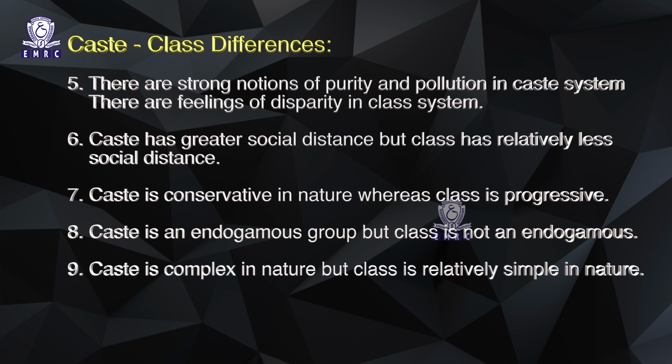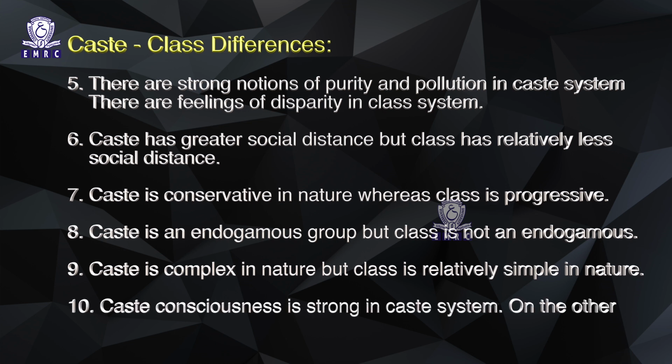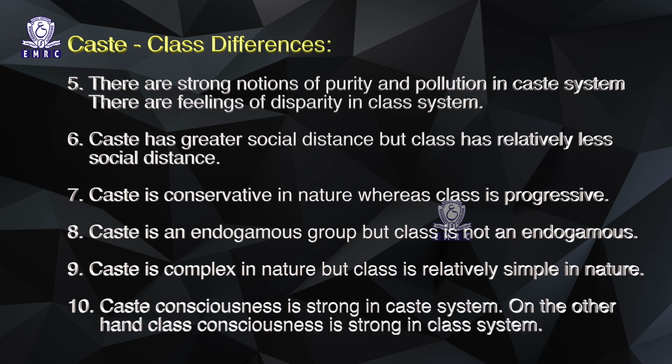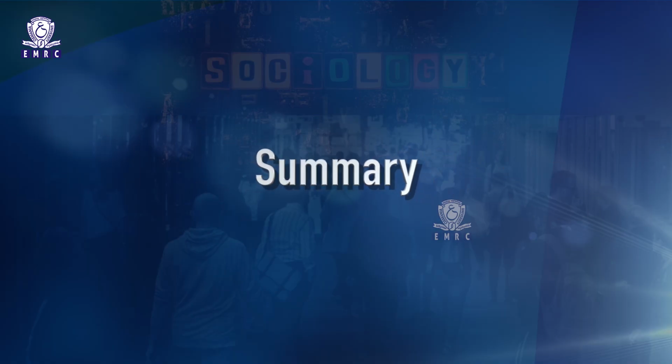Caste is an endogamous group, but class is not an endogamous group. Caste is complex in nature, but class is relatively simple in nature. Caste consciousness is strong in the caste system. On the other hand, class consciousness is strong in the class system.